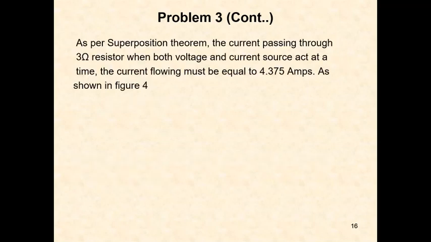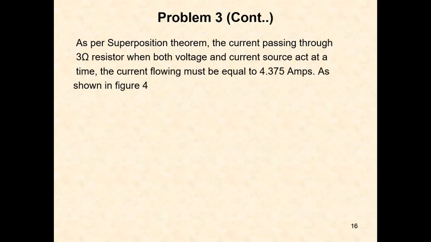So as per the superposition theorem, the current passing through the 3 ohm resistor when both voltage and current sources act at a time must be equal to 4.375 amps.